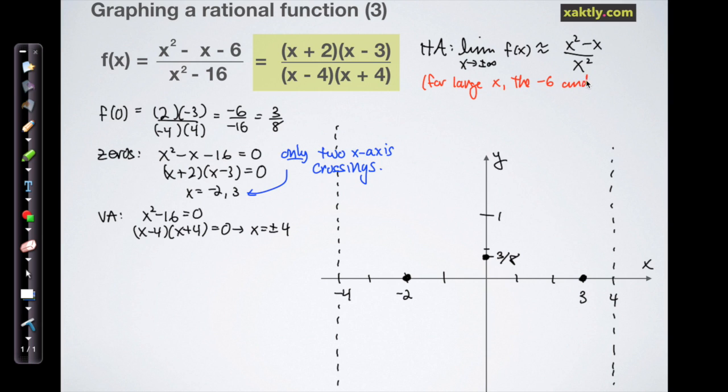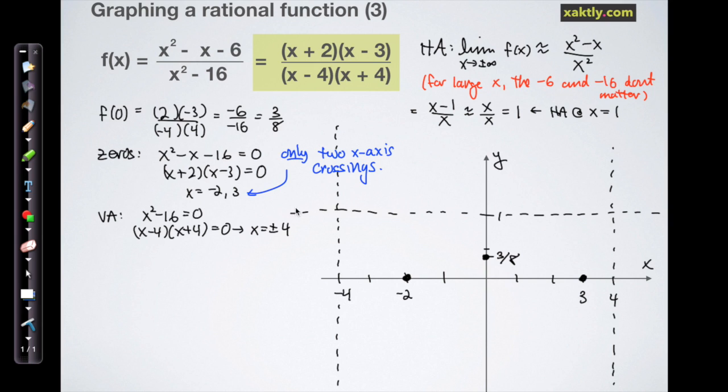If we take an x out of everything, we get x minus 1 over x, and then the negative 1 really doesn't matter either for large x, so this is really just x over x, which goes to 1. So our horizontal asymptote is going to be at y equals 1, so we can sketch that in.